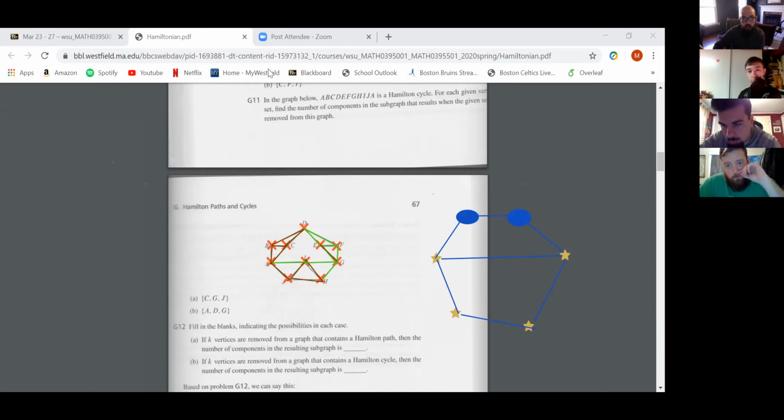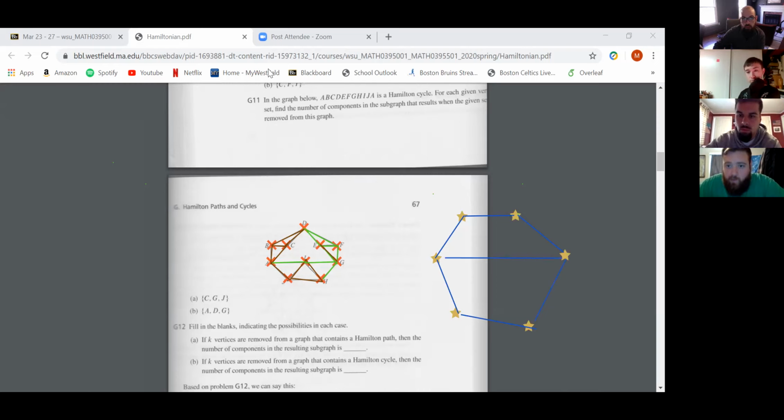Now, if we back this up, I don't necessarily need to have the chord here. So let's keep the chord going across the middle.